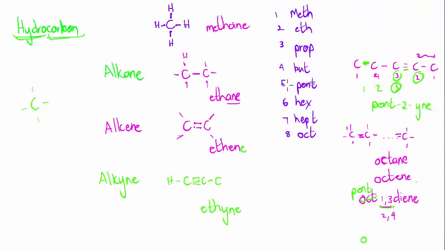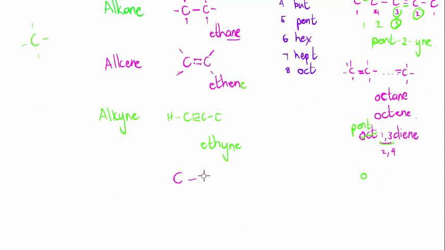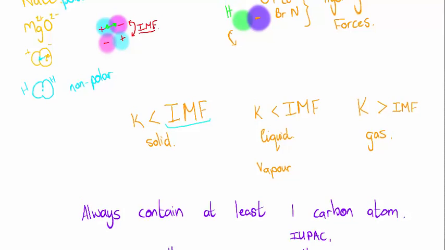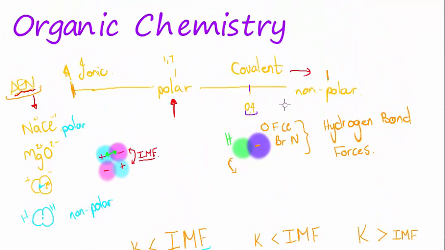What type of forces exist in hydrocarbons? In a hydrocarbon, we now only have carbons bonded to carbons. What type of bond is a carbon to a carbon? Covalent or ionic? Covalent, because they are literally sharing it perfectly in the center.